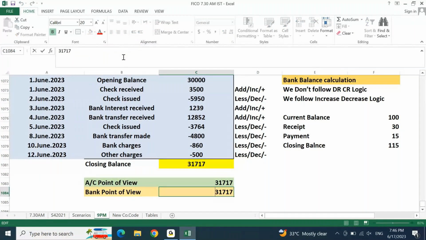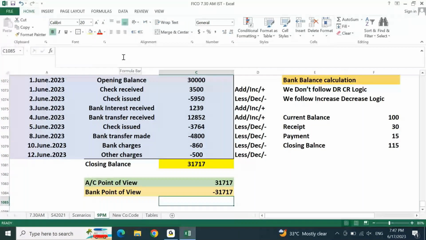But apart from this sign, is there any change in the number? No. Apart from the sign, there is no change in the number, which means whenever you perform the BRS, the bank reconciliation statement, the main aim is to ensure that the balance as per the bank statement and the balance as per your accounting are the same.